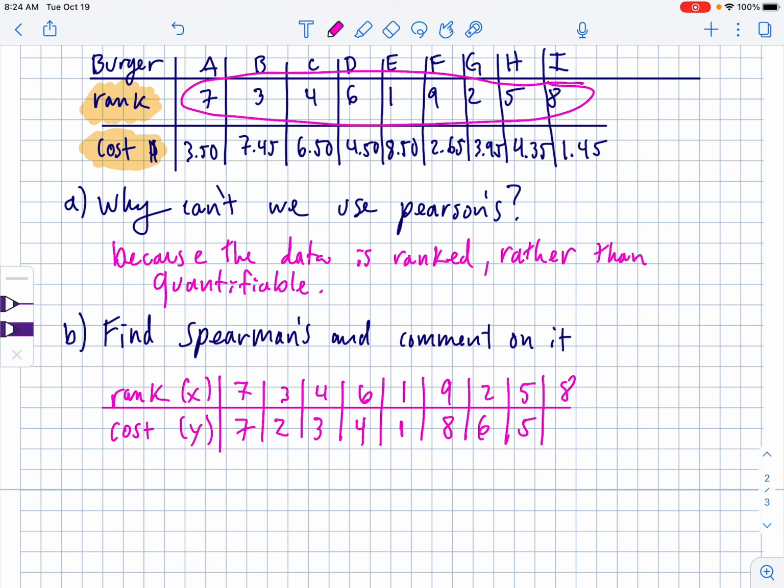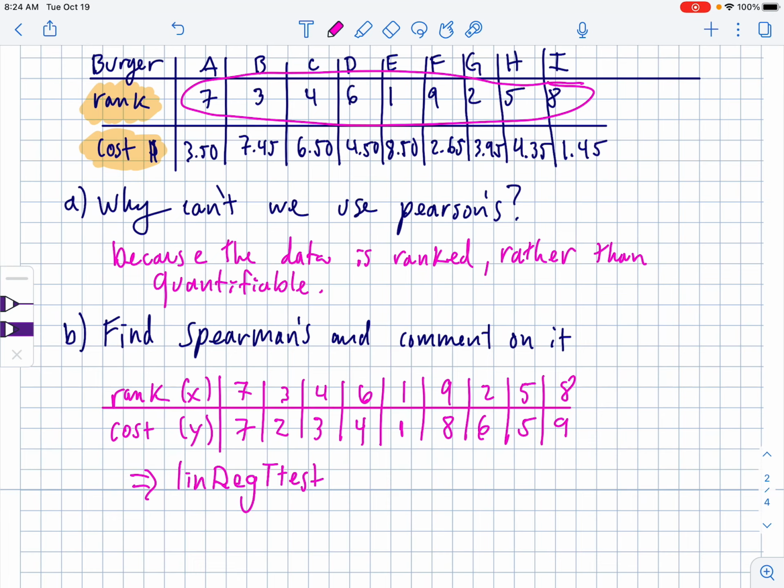This one was the 5th, 6th, 7th, 8th, 9th. So the rank and the cost are both ranked. There was no doubles in the cost, so I didn't have to split any ranks. They all just were what they were.